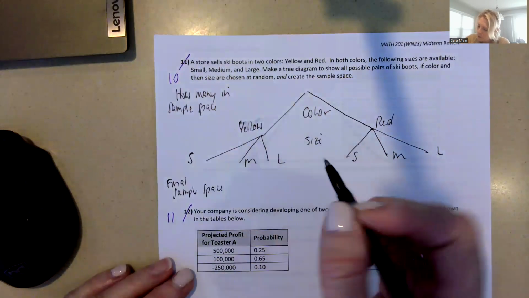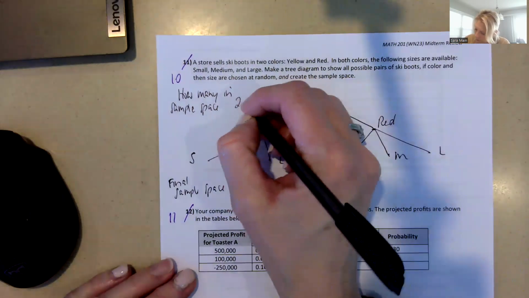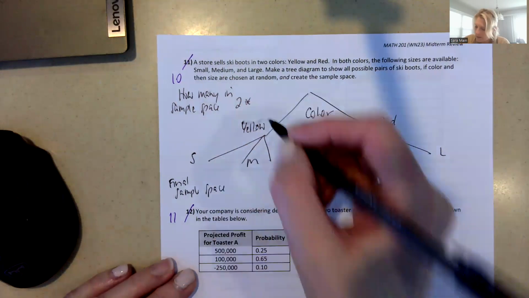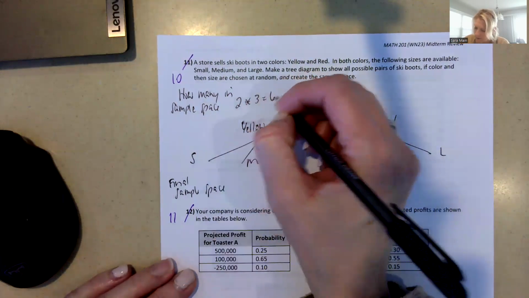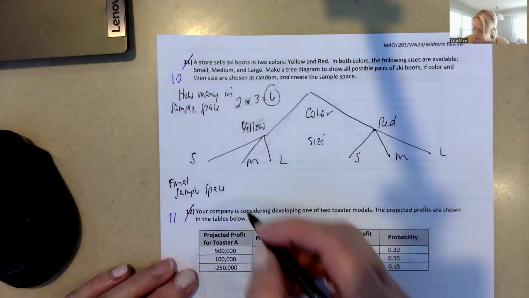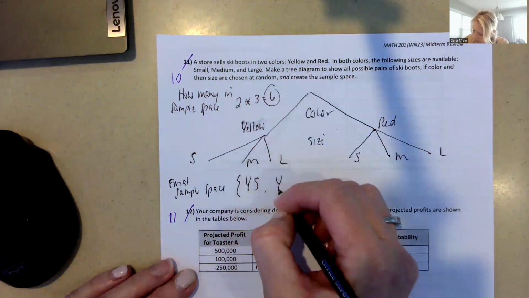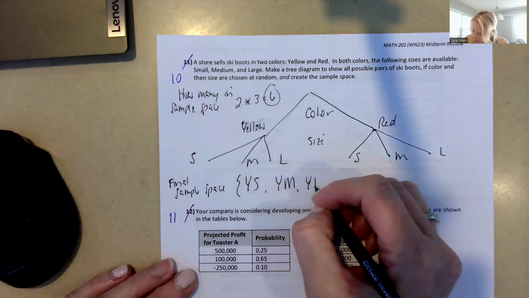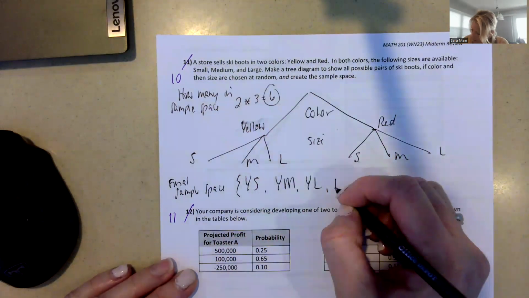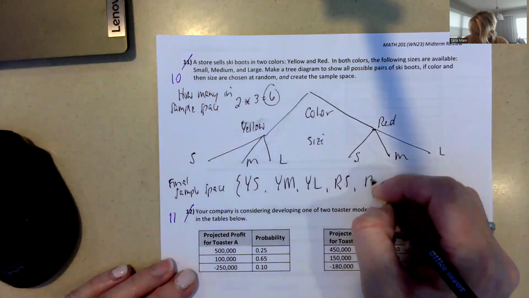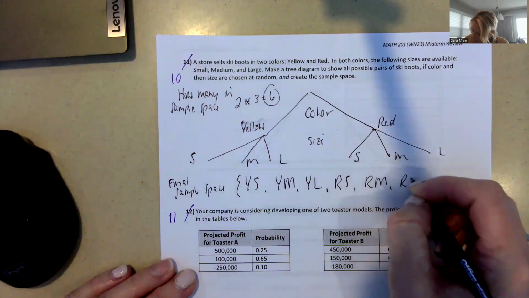First, I've got 2 color choices. And then I've got 3 sizes. So 2 times 3 is 6. There's going to be 6 in my sample space. So I'm going to have yellow small, yellow medium, yellow large, and then red small, red medium, and red large.